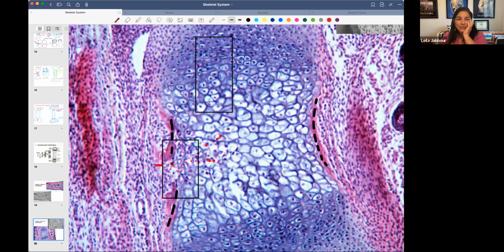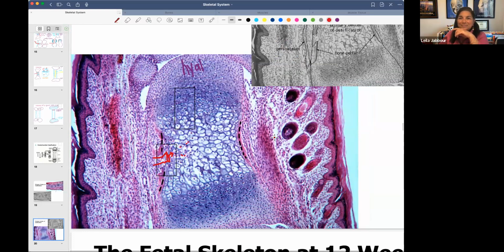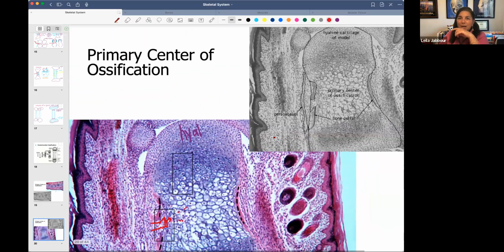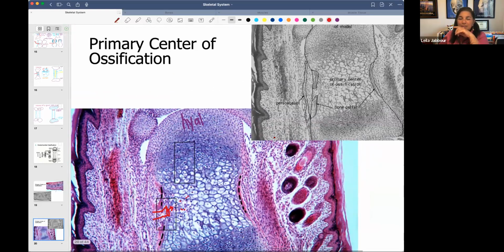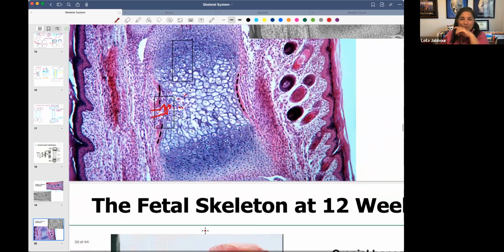This is coming from the outside, and they're going to start to deposit inside these lacunae and create bone. So this is hyaline cartilage, and this is that labeled. Okay, so another picture.